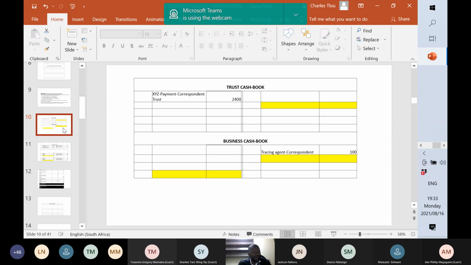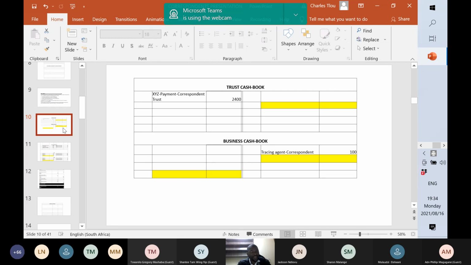Remember the 8 steps that we have recorded together. We are not going to do all of those steps. We are only going to do step number 7 and 8, and then the whole transaction will be done.